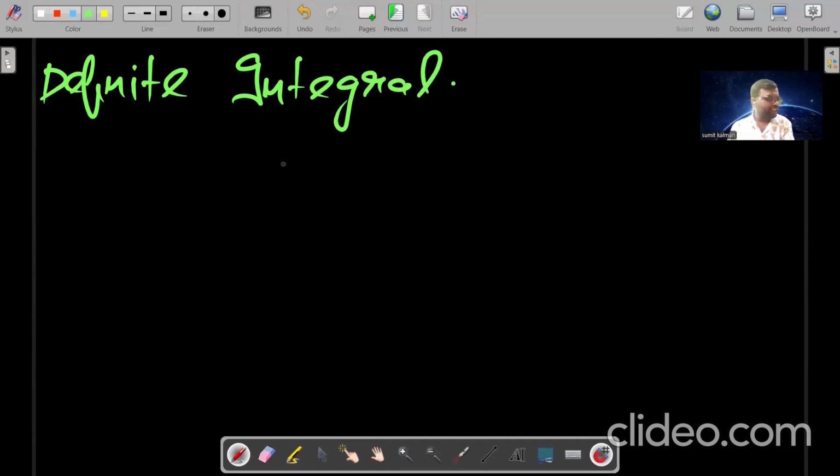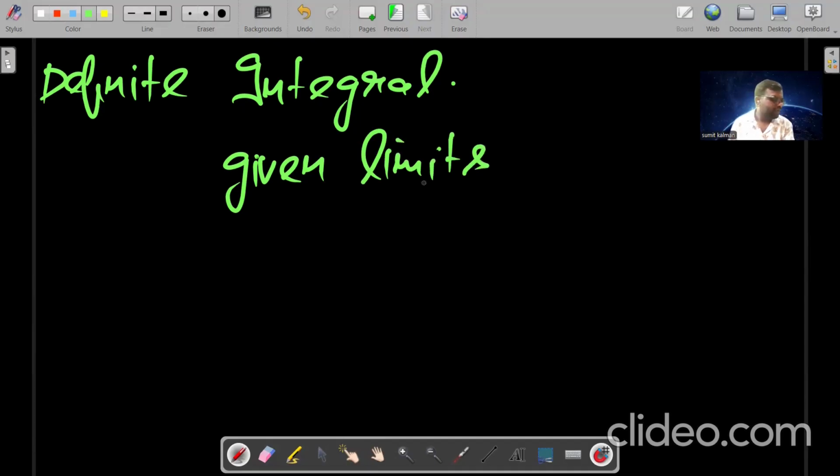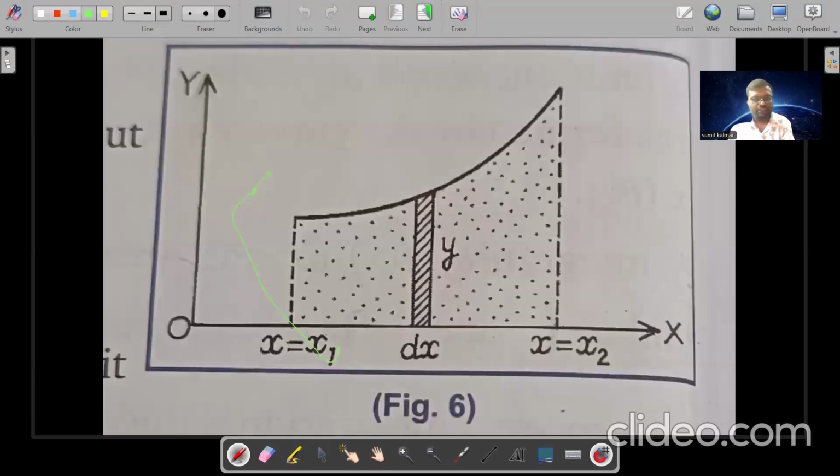Students, when integration is performed between the given limits, then it is called definite integral. Now, students, here x is equal to x1, it is called lower limit, and here, students, x is equal to x2, it is called upper limit.